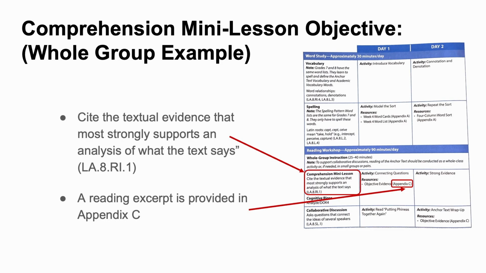It says, cite the textual evidence that most strongly supports an analysis of what the text says. And then it has an assignment that correlates to Appendix C. It says a reading excerpt is provided in Appendix C. So you could go to the back of your book and find an assignment provided that will help fulfill the requirements of LA8RI1, okay?